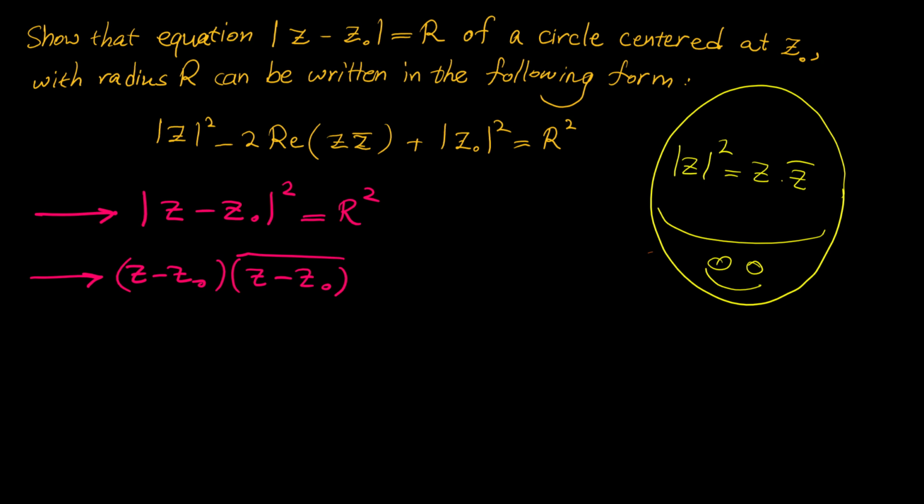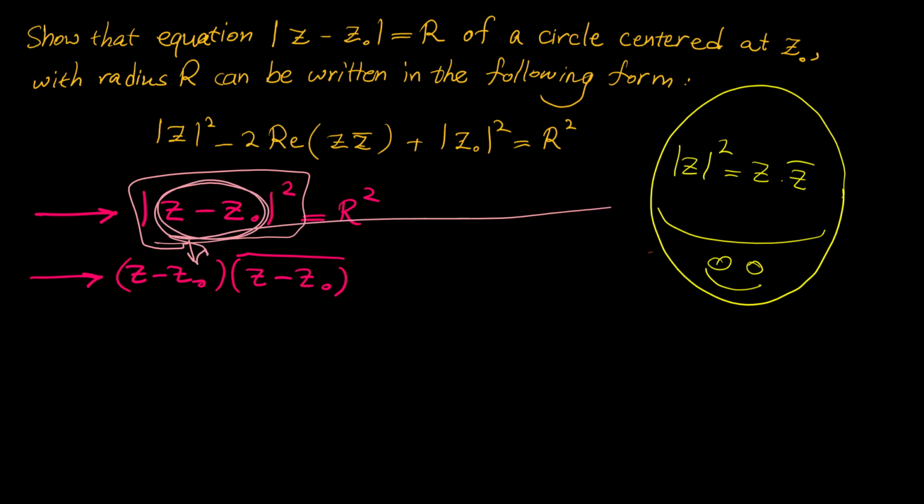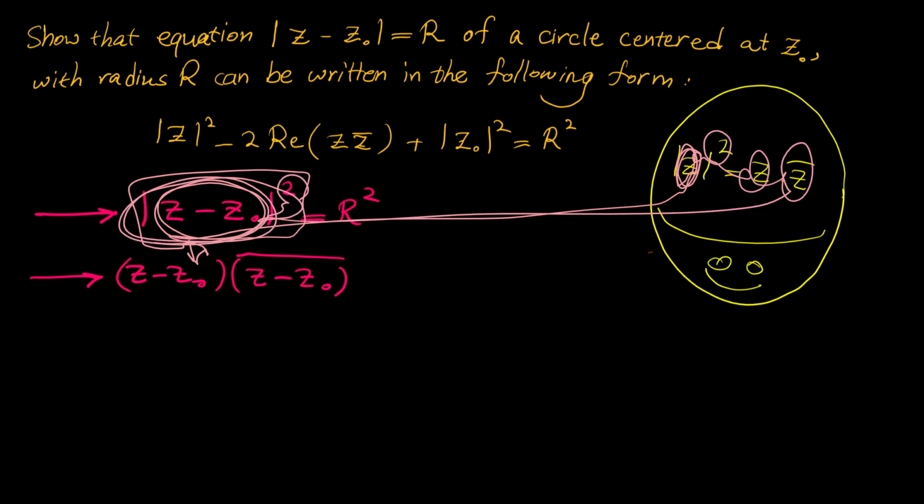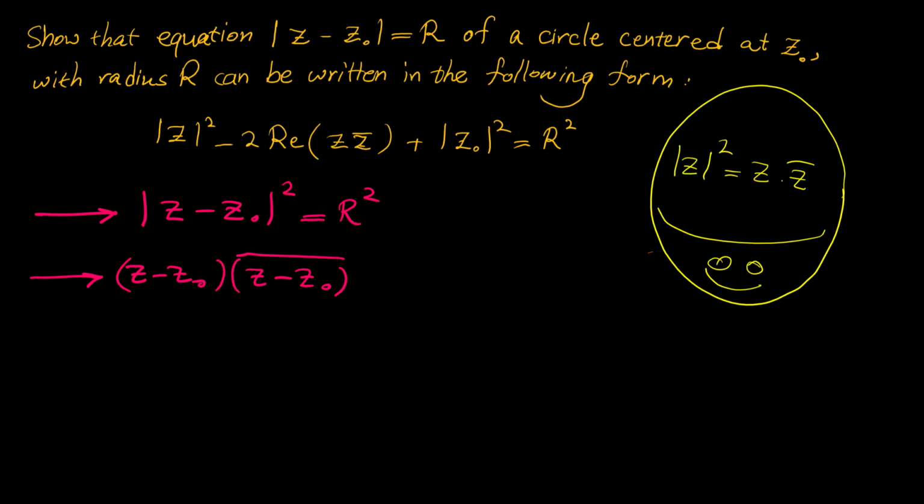So we use this relation that we know, and we rewrote this in this form. This part plays the role of z. Modulus of z to the 2 is z times z conjugate. So modulus of this to the 2 is this times its conjugate. And of course this equals r to the 2.